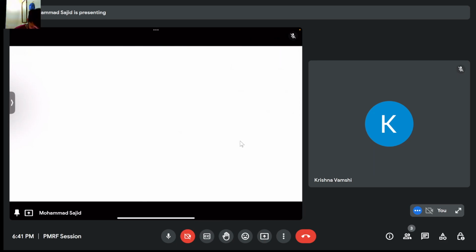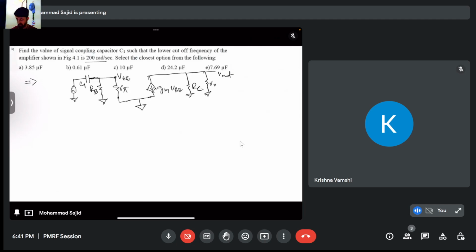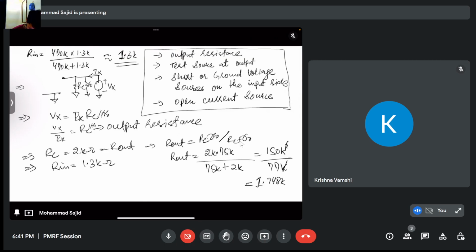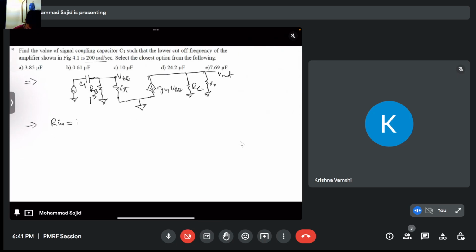Okay. So now in this question, what is the purpose? We have to find the value of C1. So how do we do that? What people just directly write is you have C1, then you look at the input resistance here. You know the input resistance we calculated in the previous part, that comes out to be 1.3 kilo ohm, right?